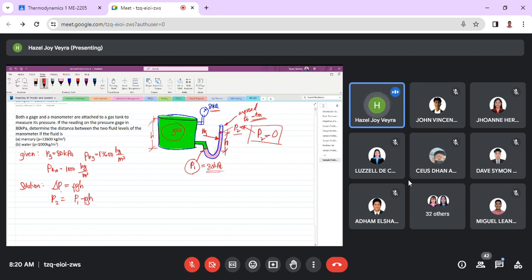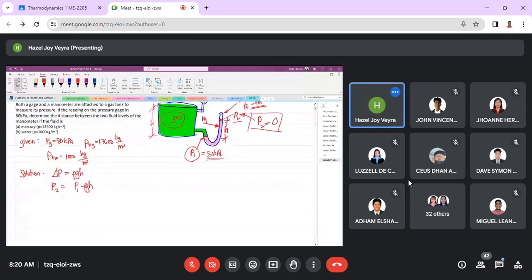So that you don't get confused, let's move here P2 minus P1, also rho G. Sorry, baka lalo malito. Tandaan nyo rin pala, class.